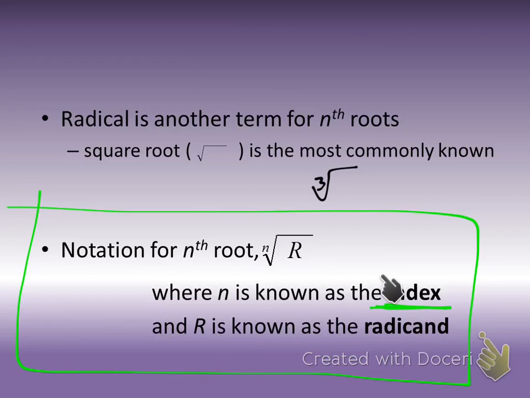What it does to your problem, we will explain later, but know that that's called the index. No spoilers. The inside stuff is called the radicand. Whatever's on the inside of your radical is called your radicand. That's the general term that goes for all of them.